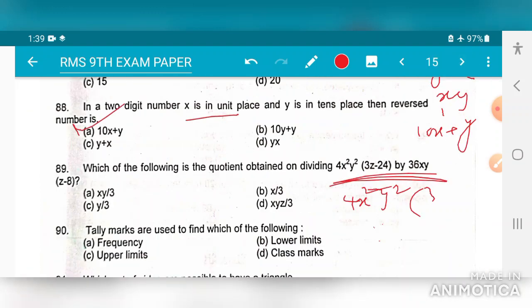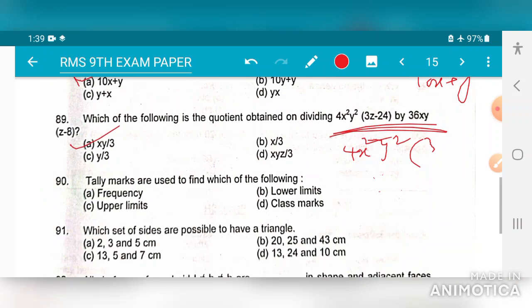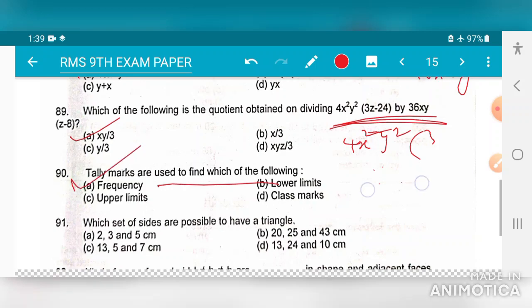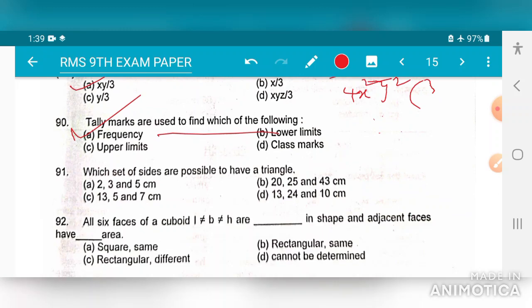Understood? xy by 3. Tally marks are used to find which of the following? Tally marks are used for frequency. This is the question from statistics. Next, which set of sides is possible to form a triangle?